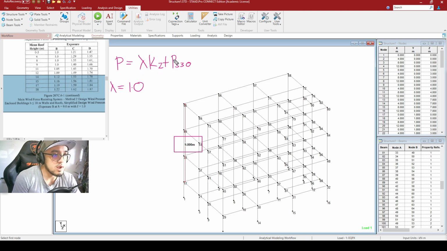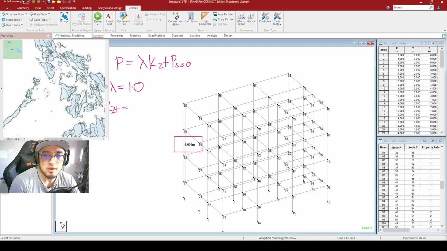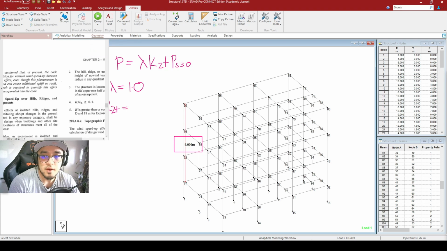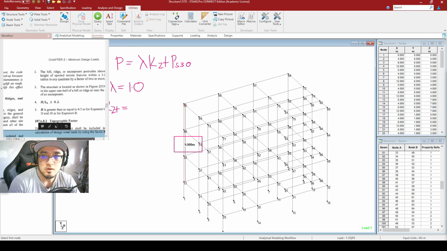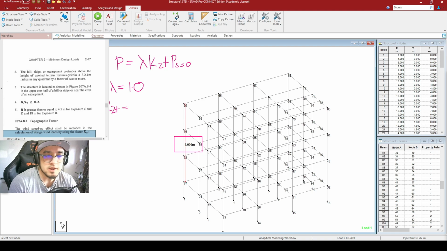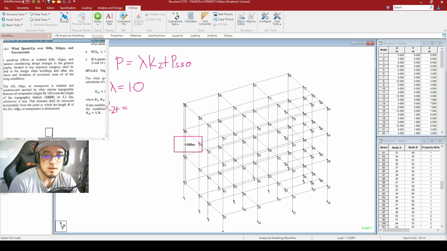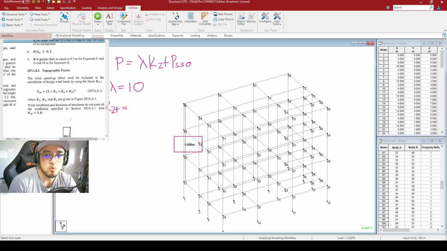And what about our KZT? For KZT, we would be going to this particular area in the National Structural Code of the Philippines. So this is to be given by chapter 2, page 2-47. So your value for KZT is to be given by the equation 1 plus K1 times K2 times K3.